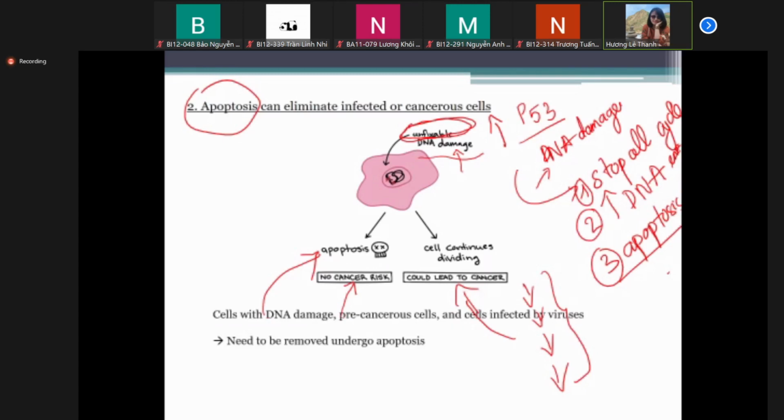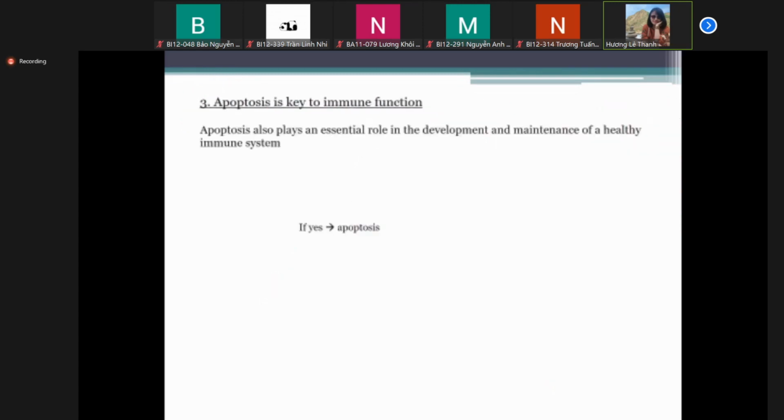It is key to immune function. Apoptosis plays an essential role in the development and maintenance of a healthy immune system. Remember the communication lecture, when I told you that two immune cells contact each other with no distance.